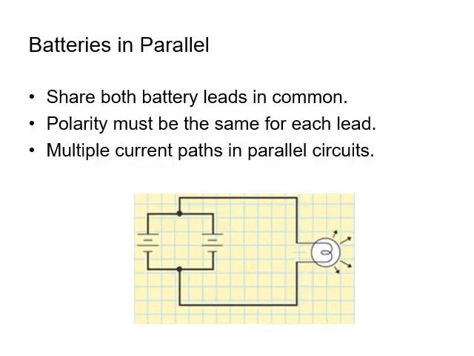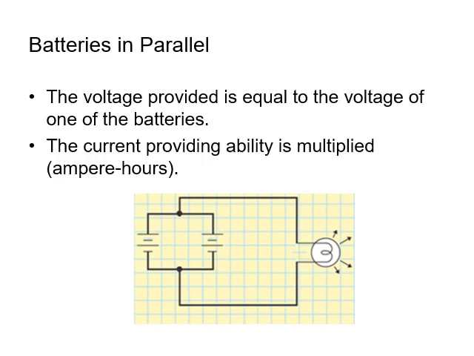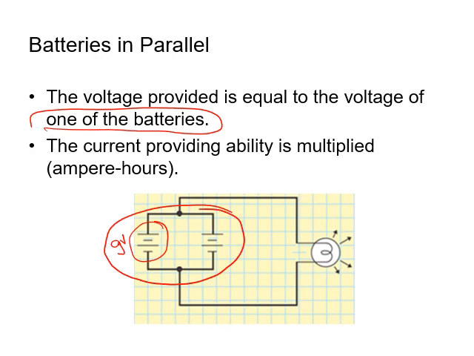In parallel, this is the proper way for wiring. In parallel, the voltage provided by both batteries is going to be equal to the voltage of one battery. So here, if this is 9 volts, this whole combined set will also provide 9 volts.